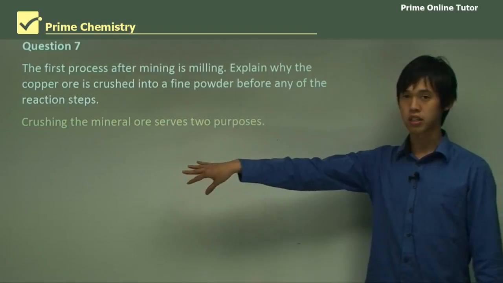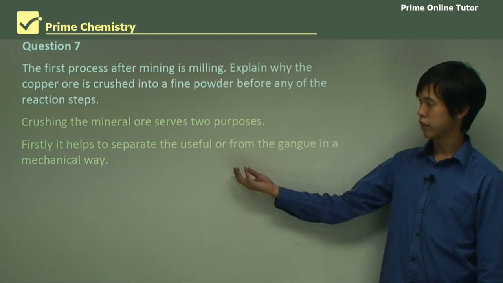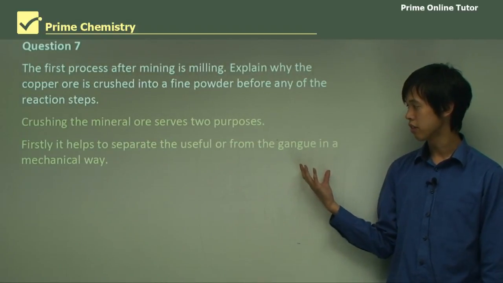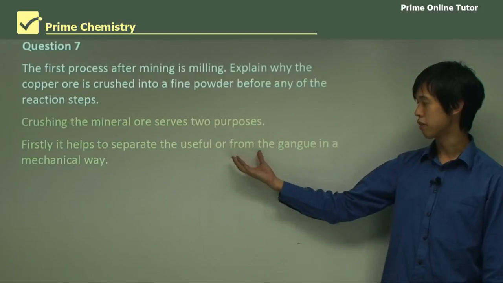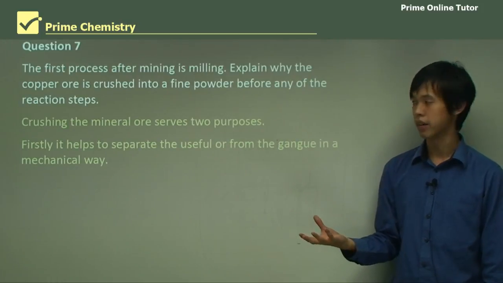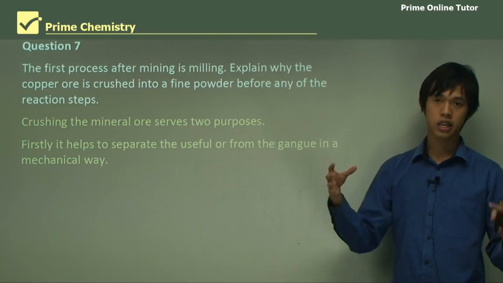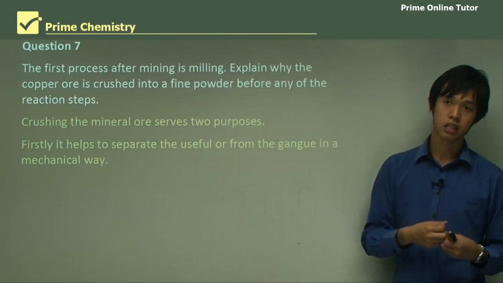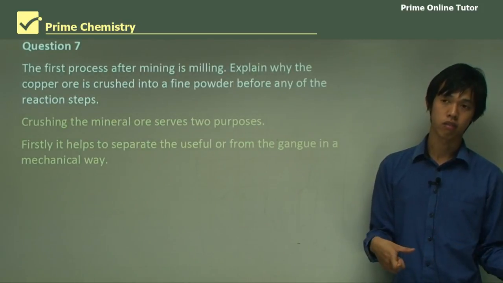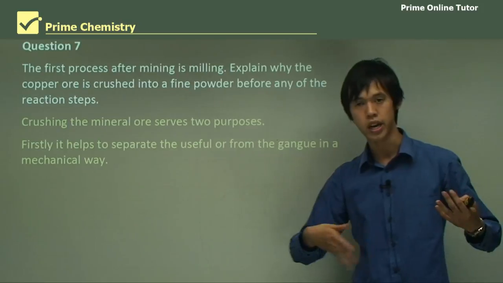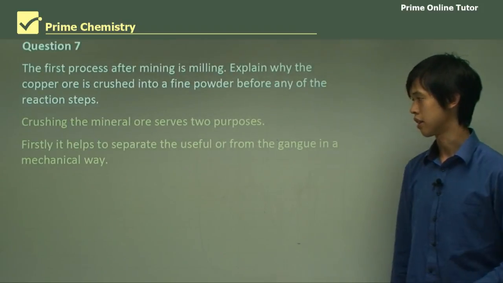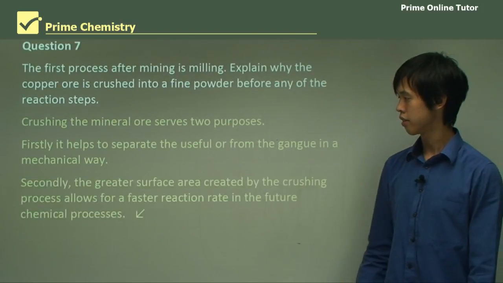Well, crushing serves two purposes. Firstly, it helps separate the useful metal from the gangue in a mechanical way. So we can take the metal and we can extract it. We can take the useful part of the rock and filter away the waste rock using a mechanical process.